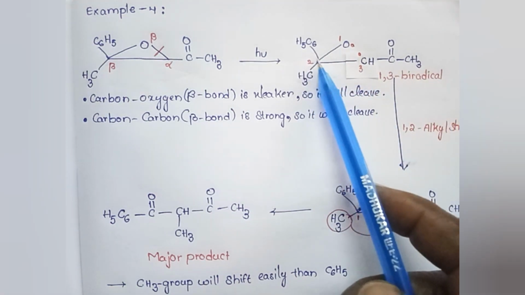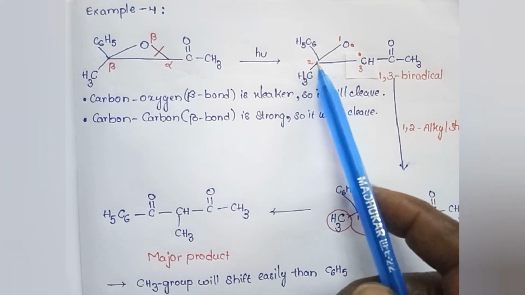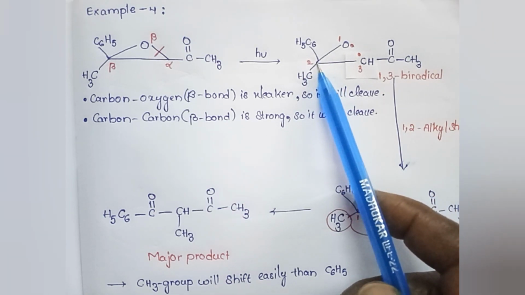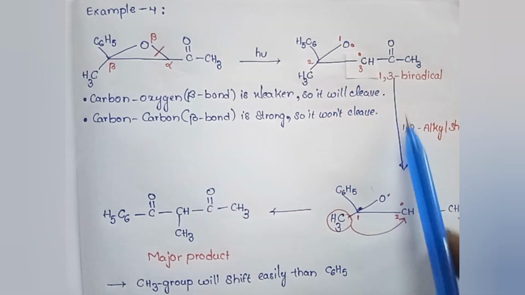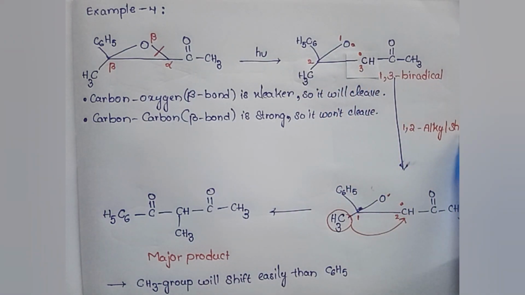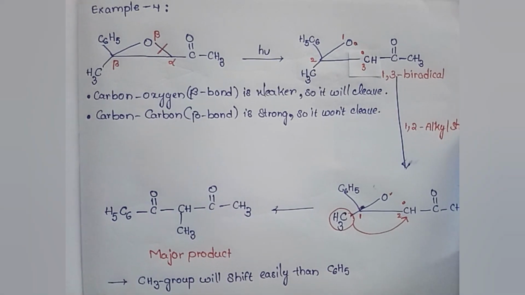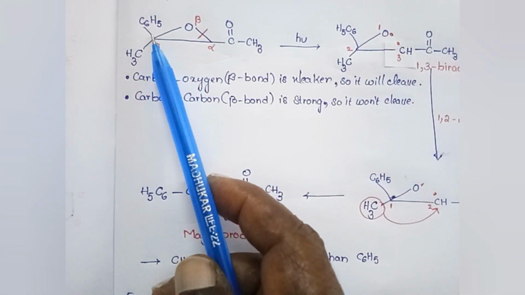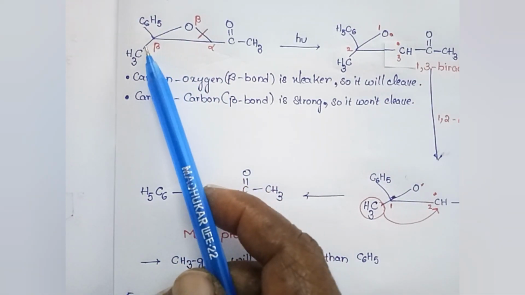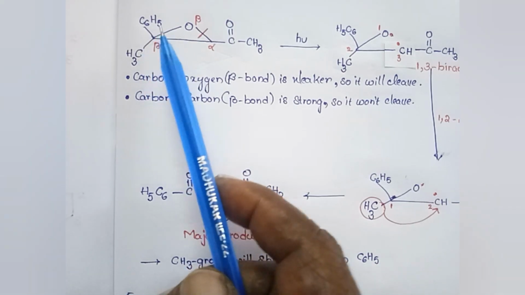Now, since there are no hydrogen atoms on this carbon atom, there will be a 1,2 alkyl shift. Let us see that. Here on this carbon atom we have a phenyl group and a methyl group.